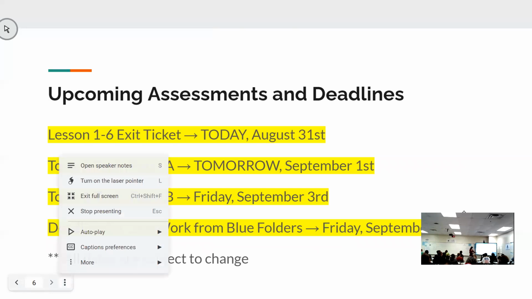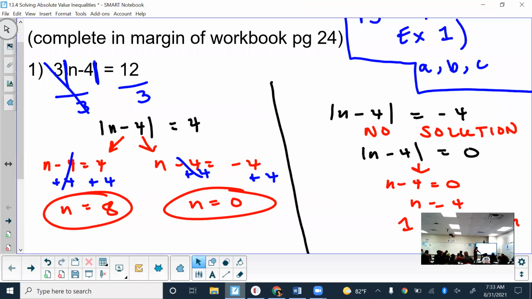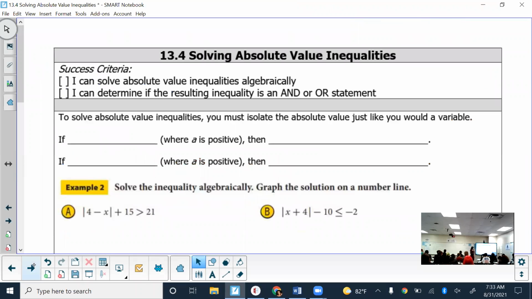All right, look at this paper, the one you picked up today.